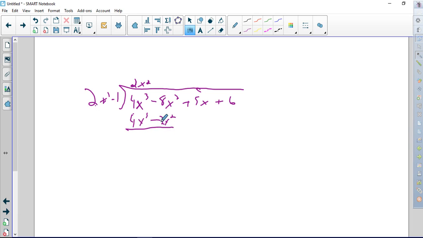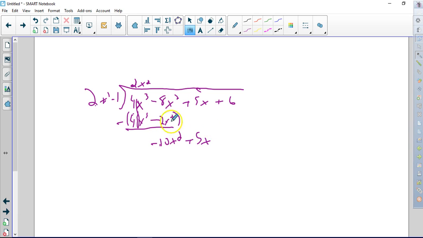And just like regular long division, we're going to divide, then we multiply. Now we're going to subtract. And these cancel right here. Negative 8 minus 2 is negative 10x squared. And then we bring down plus 5x.